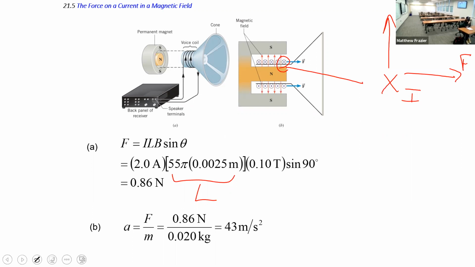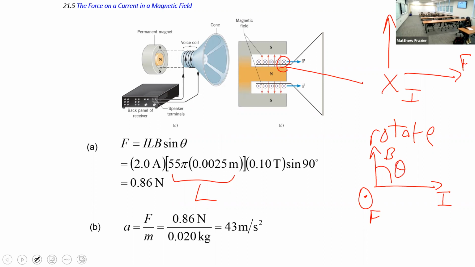But the angle is measured... Right, so if I rotate this, so let's make the current this way, and then the magnetic field is still up. This will make the force point to the current, yeah. All right, so this is the angle theta, between the current and the field.